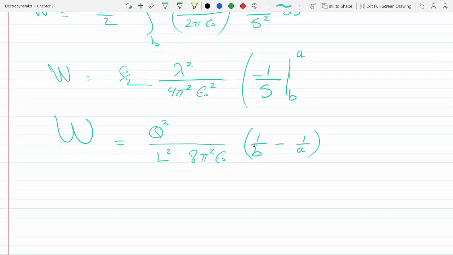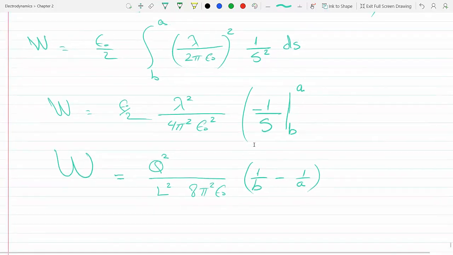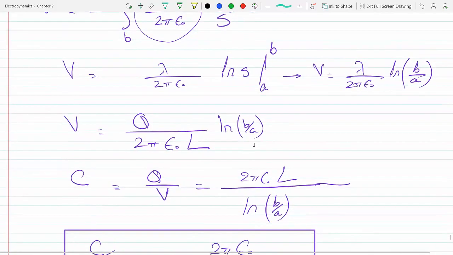And if you want this, the question said it wants it per unit length.